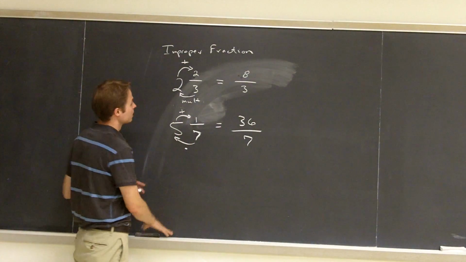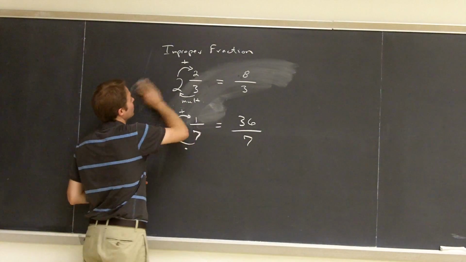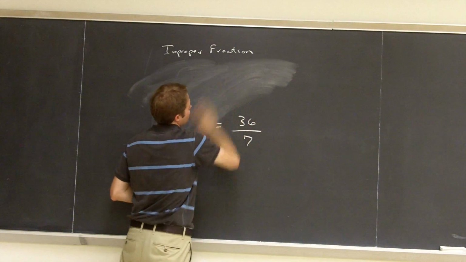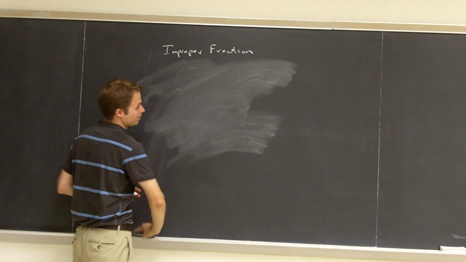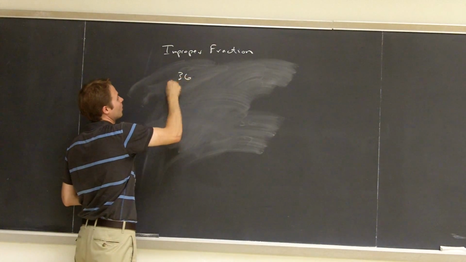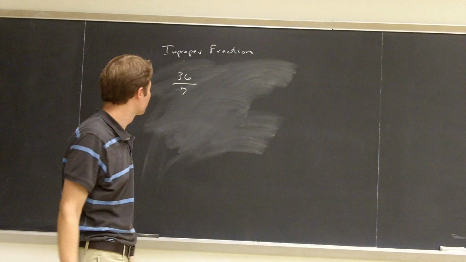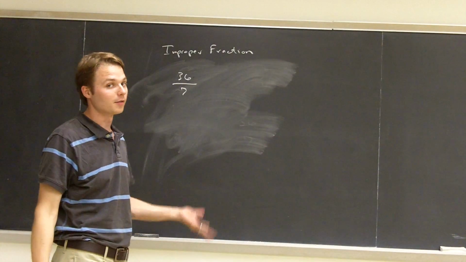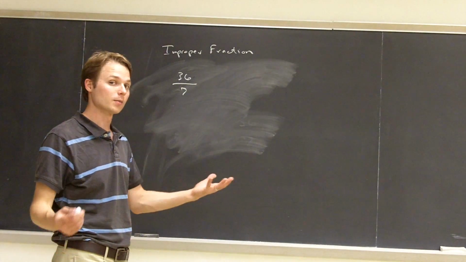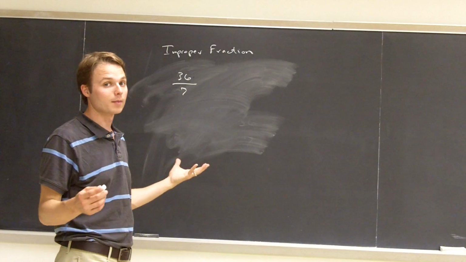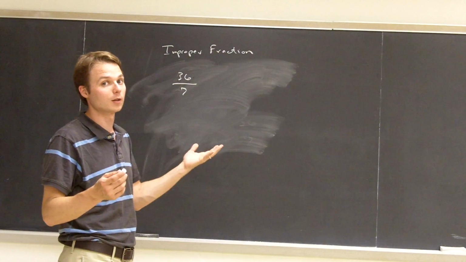Going the opposite way is also not so bad. So let's say we started with 36 sevenths, and I want to create a mixed fraction out of this. Well, all we have to do is divide 7 into 36, because 36 sevenths, really what that means, that fraction symbol just means division anyway.